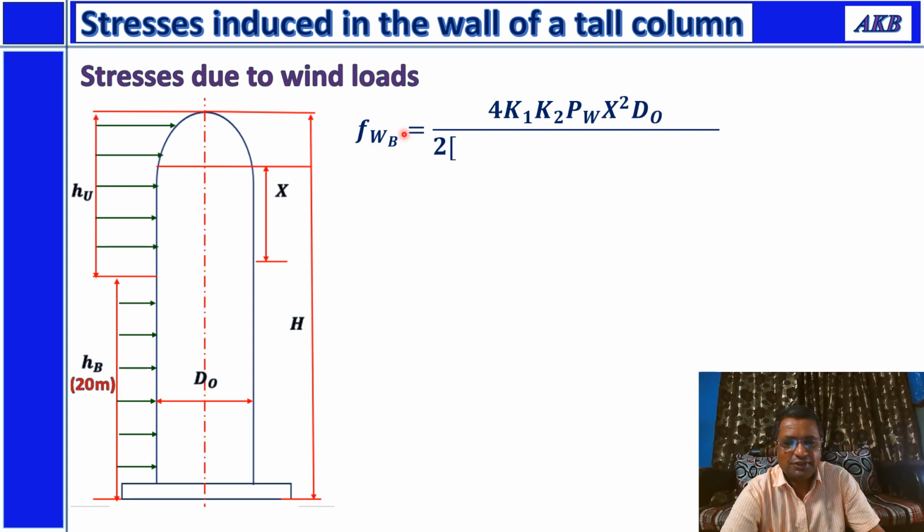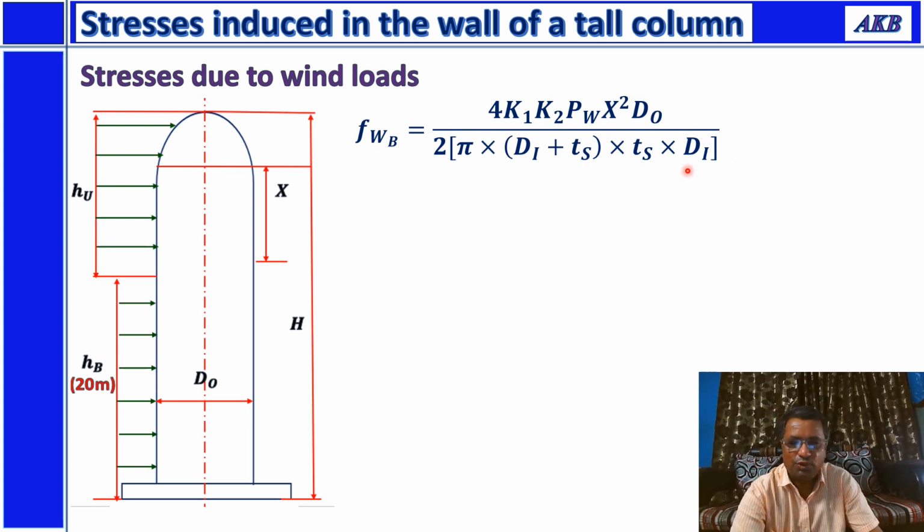So in this case, stress due to wind load is given by this equation. I'm showing you the final equation. If you want to go into details, please watch my video on this topic. So FWB is equal to 4 into K1 into K2 into PW into x squared into DO divided by 2 into pi into (di plus ts) into ts into di.